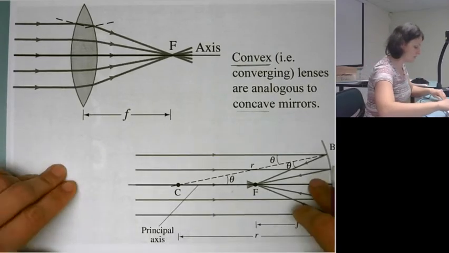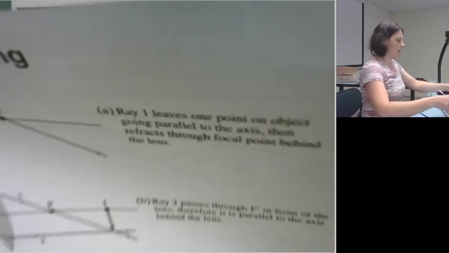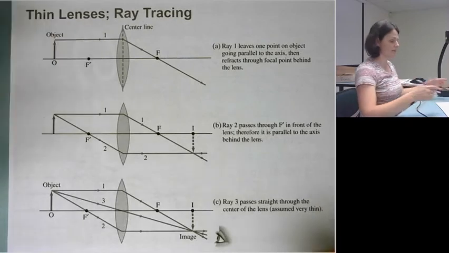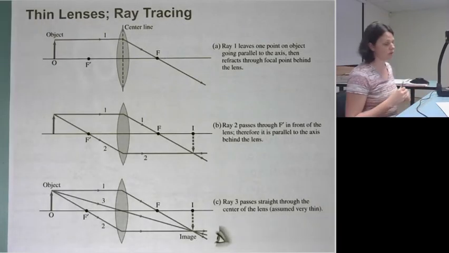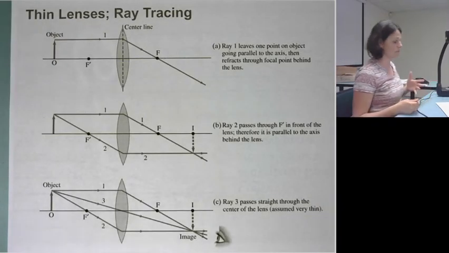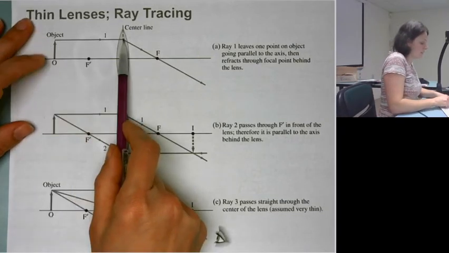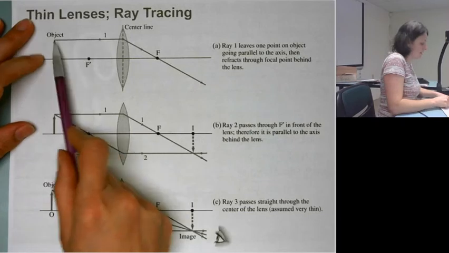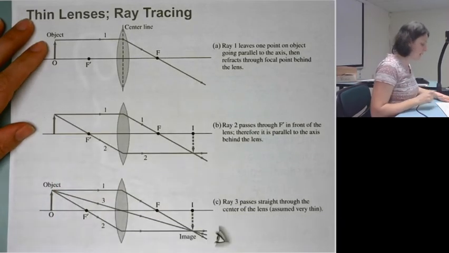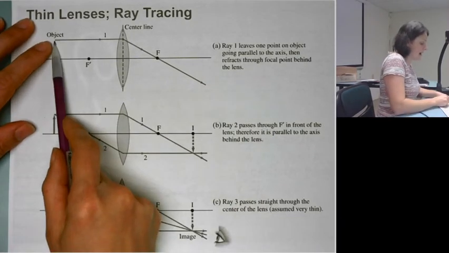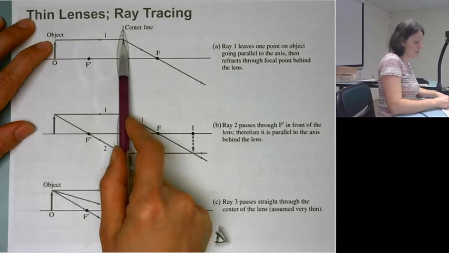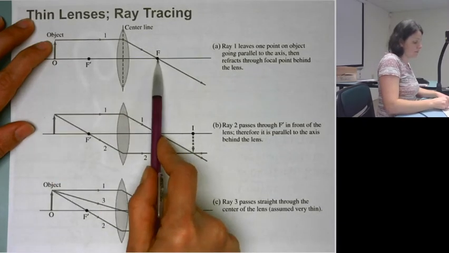Okay, so let's think about our rays that we can draw for lenses. So they're going to be the same rays that we drew for mirrors, but instead of the rays reflecting back to the left, they're going to pass straight through. So ray 1 exits the object, travels through the center of the lens and out to the focal point.